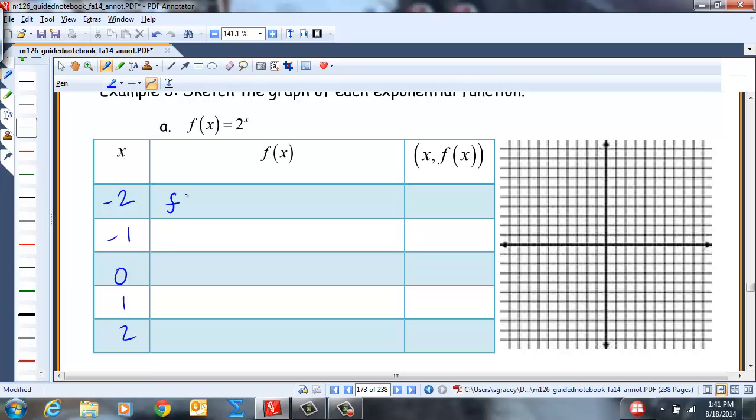So f at negative 2, be careful, is 2 raised to the negative 2. So wherever we see an x, we're putting in negative 2. So that will give us 1 over 2 squared, which is 1/4. So our ordered pair is negative 2, 1/4.